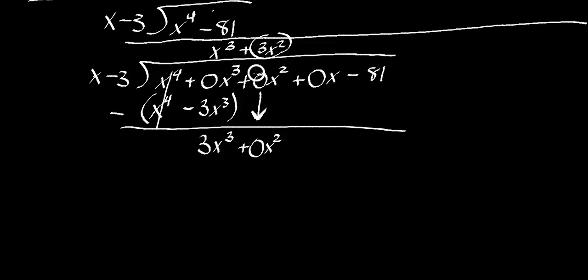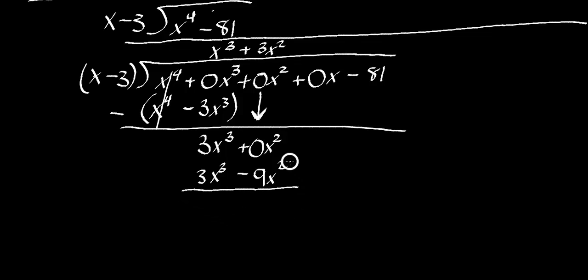So let's multiply this by this. 3x squared times x is 3x cubed. 3x squared times negative 3 is negative 9x squared. Okay? We're subtracting this. This cancels. 0 plus 9 is 9x squared. And let's bring down the 0.